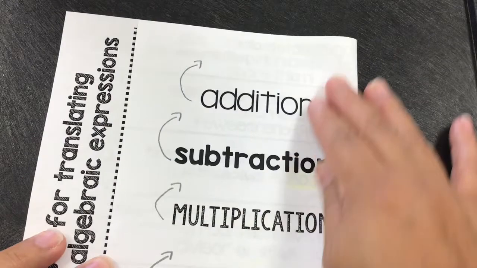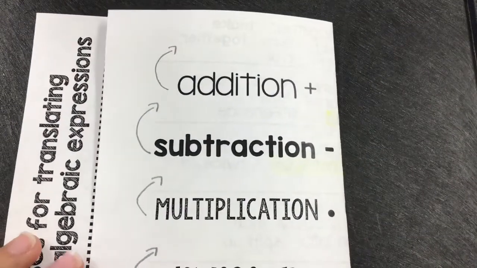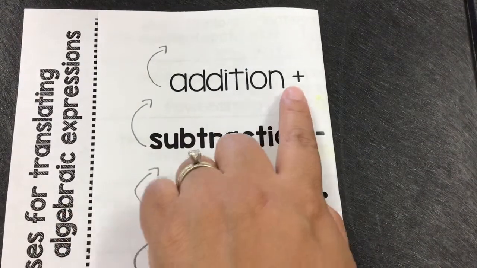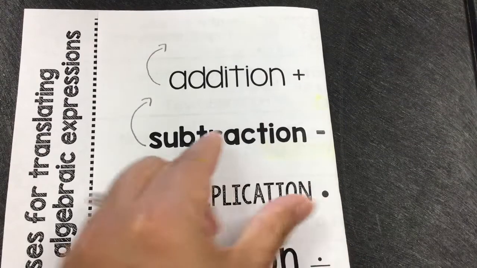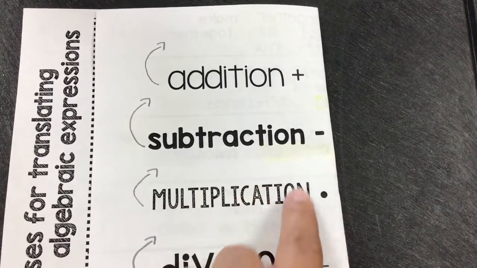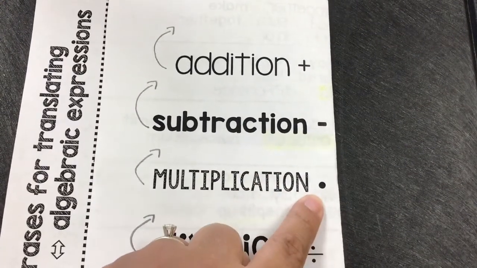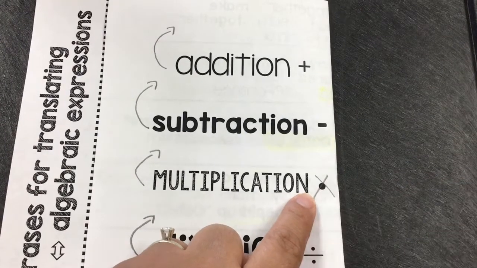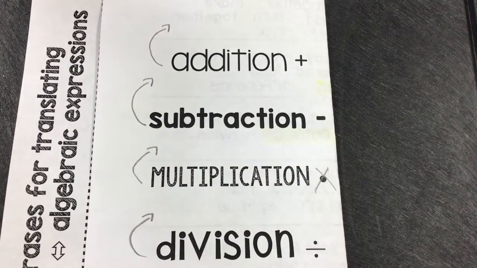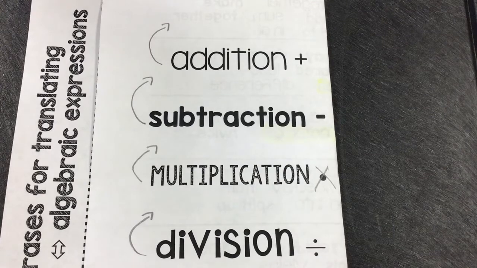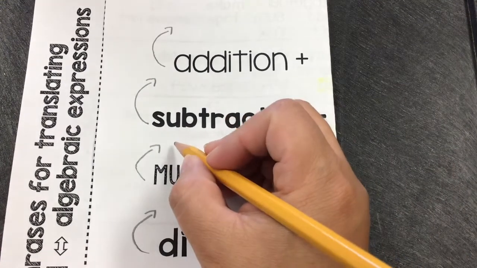So if you'll fold it over. That means addition will always be a plus sign. Subtraction will always be a minus. But no longer are we going to use this dot. We don't even use the X anymore because it looks like the letter X that we can use during these expressions. So what we're going to do is use parentheses.